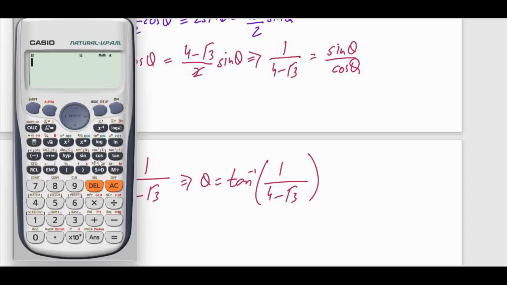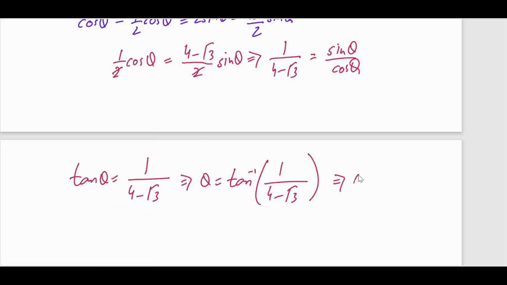So shift tan inverse of 1 by 4 minus square root of 3. This will be equal to 23.79.